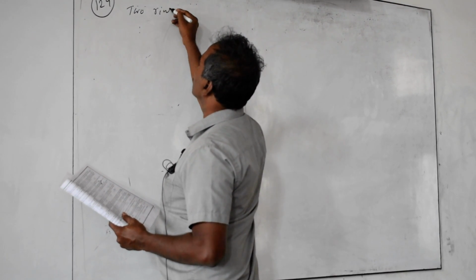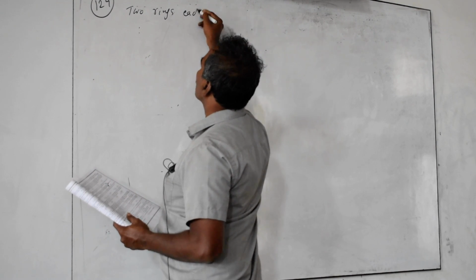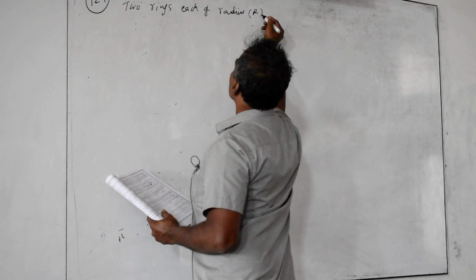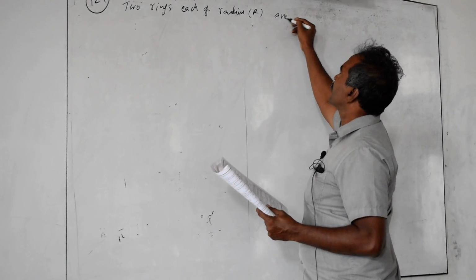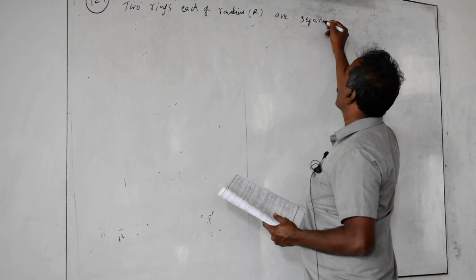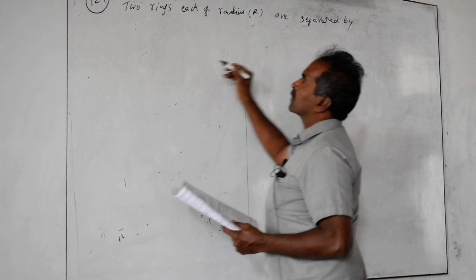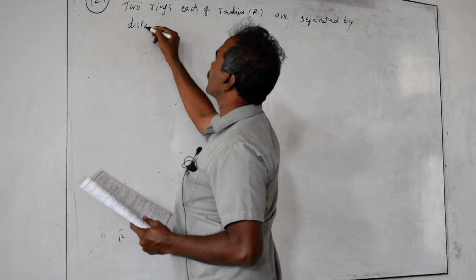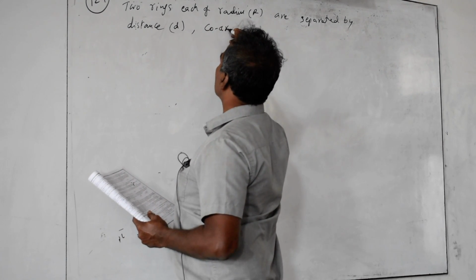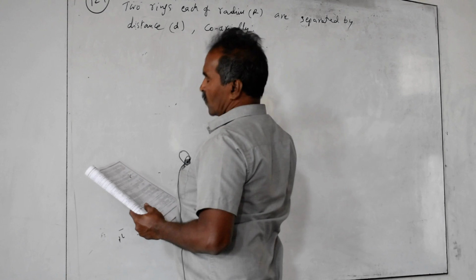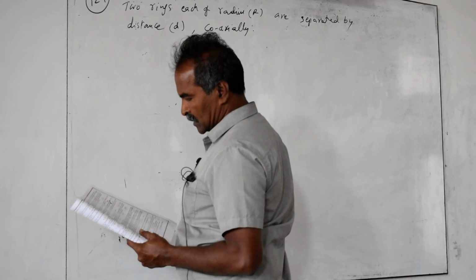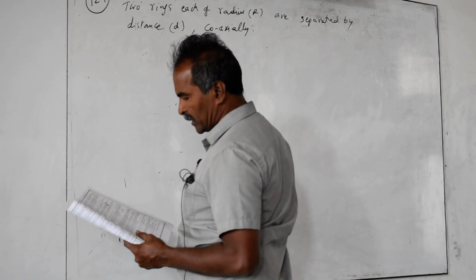Two rings, each of radius r, are separated by distance d, coaxially, meaning the same axis. They possess the charges plus q and minus q respectively.